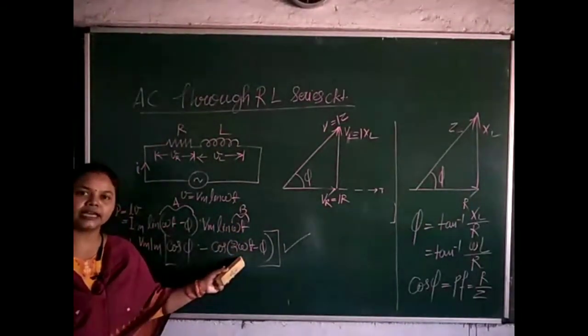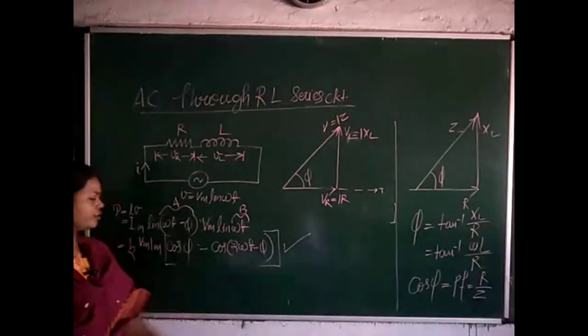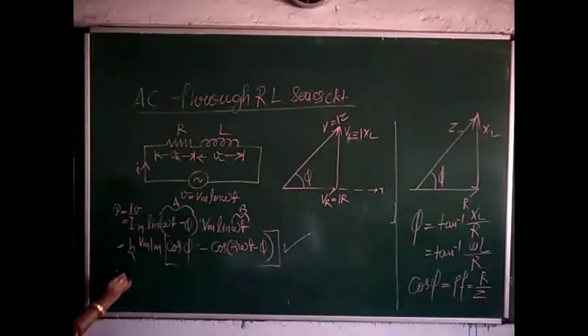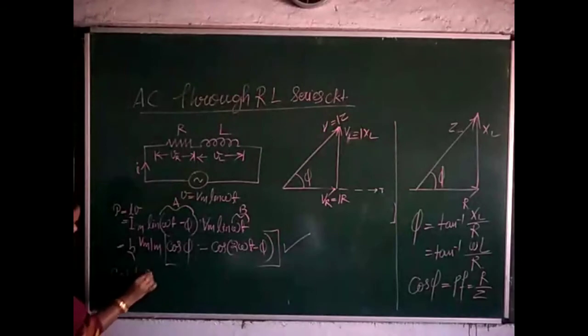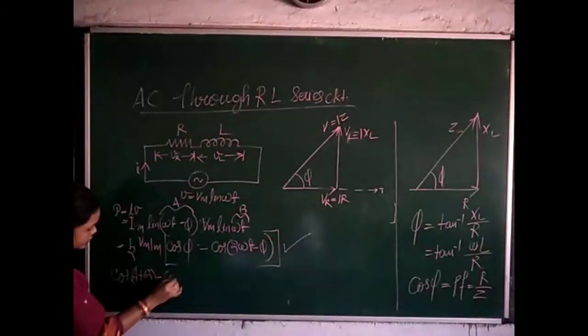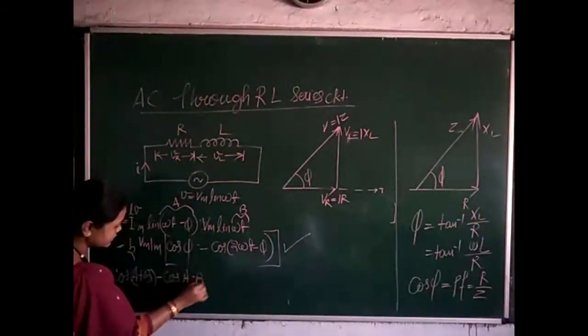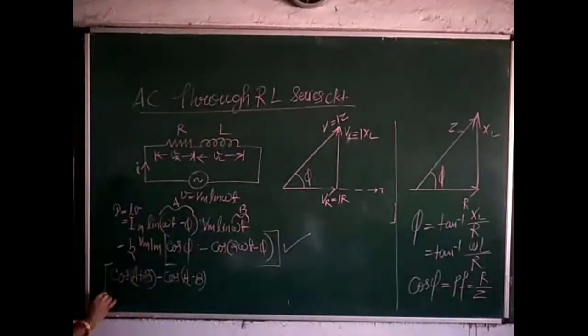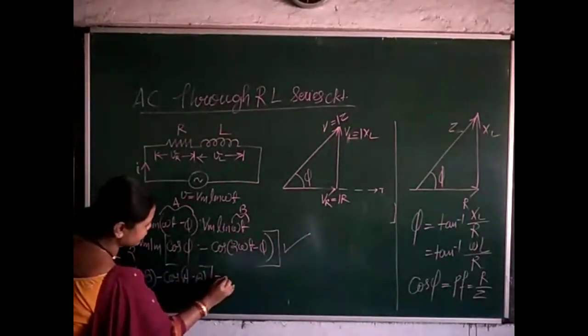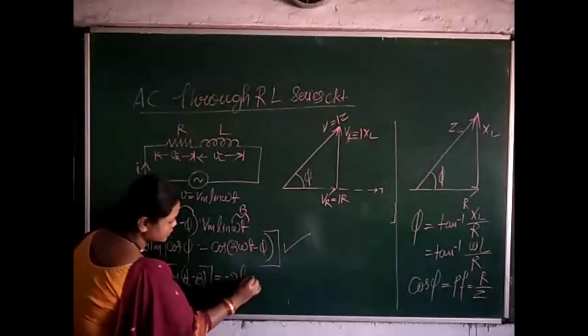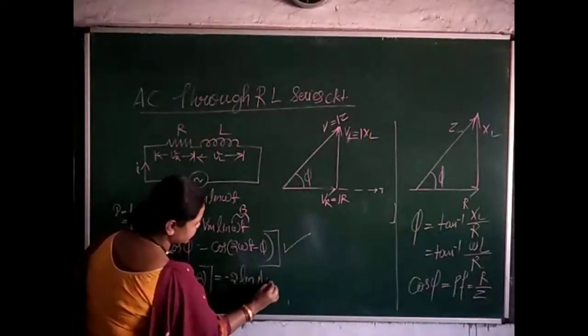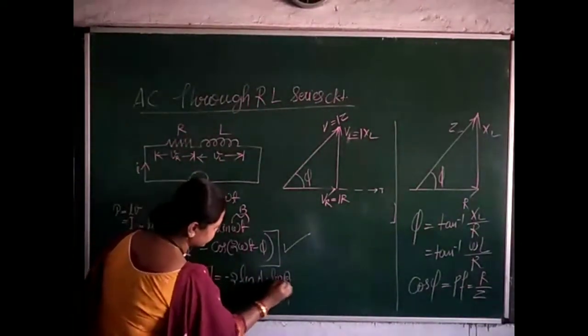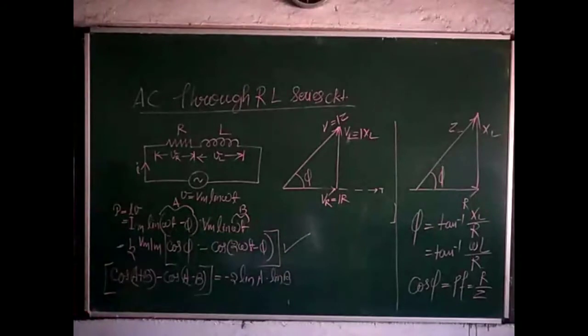Again I repeat, you use the trigonometric formula of cos(A plus B) minus cos(A minus B), which gives the result of minus 2 sin A into sin B. After simplification you get this result.